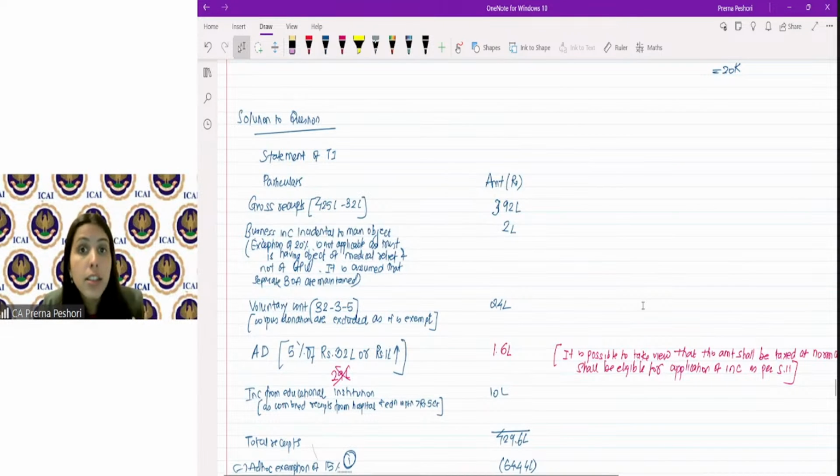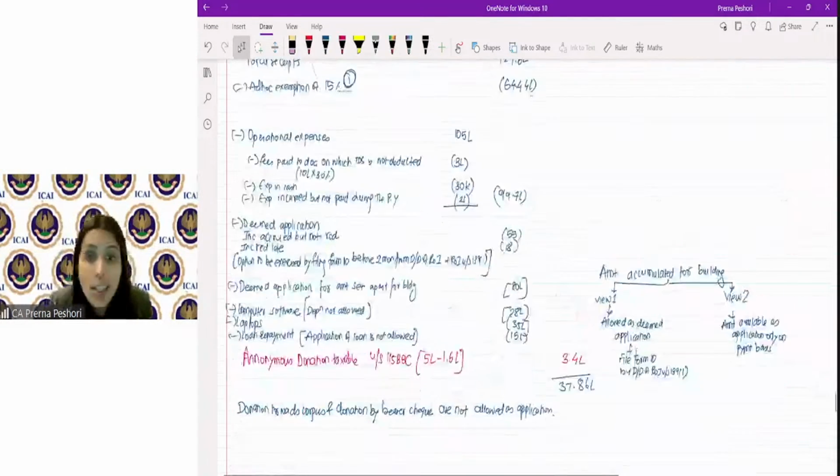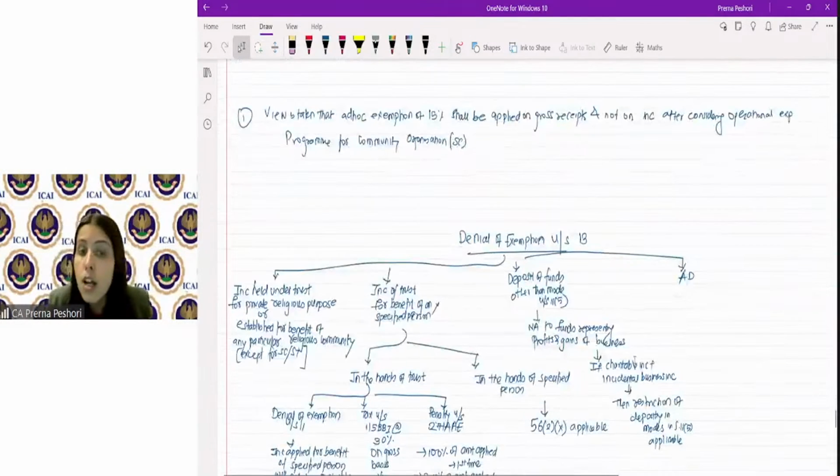So it is not that entire anonymous donations will get outside the purview of section 11. Only the excess anonymous donation will not be considered for section 11. The 5% of total donation or 1 lakh will still be considered for the section 11 exemption. So that is a view we have taken. One can also take the alternate view that entire anonymous donation is outside the purview of section 11.